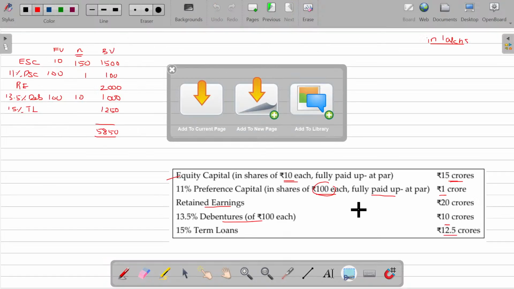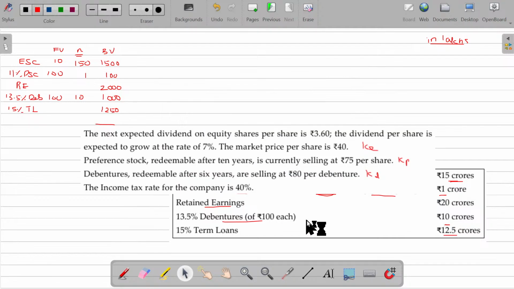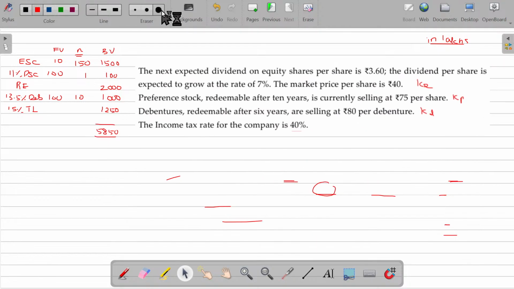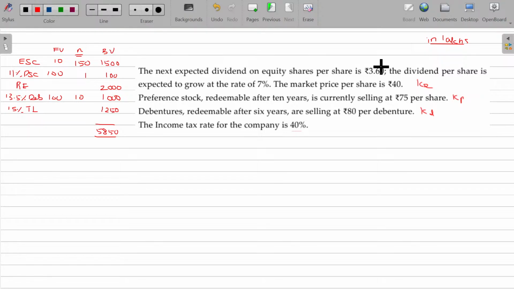First, we have to calculate the cost for every source of fund. Thereafter, we can calculate completely. Overall can be calculated later on. Let's start with the first one. This is all about KE calculation, KE as per the book value approach.